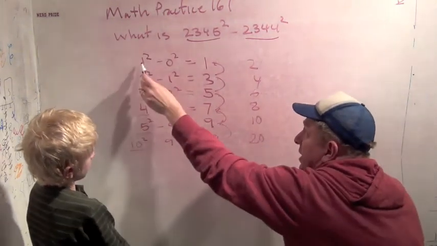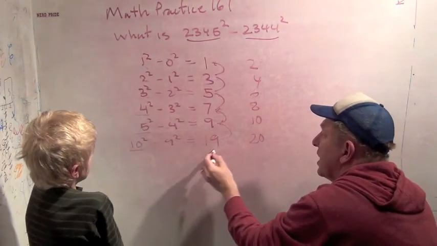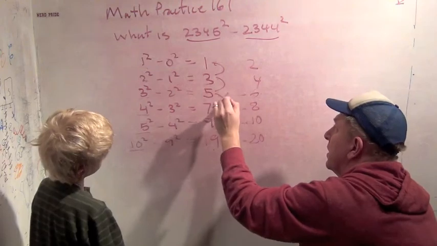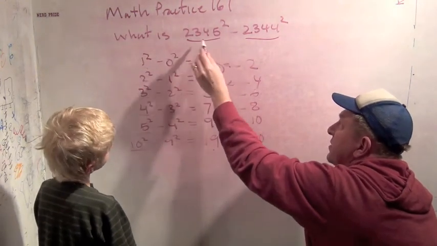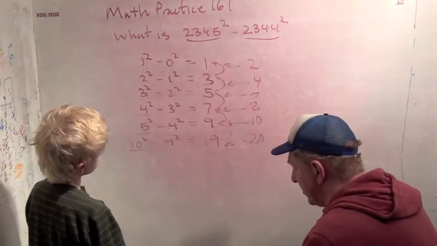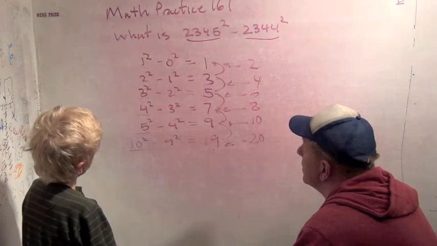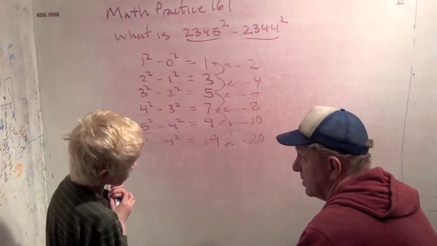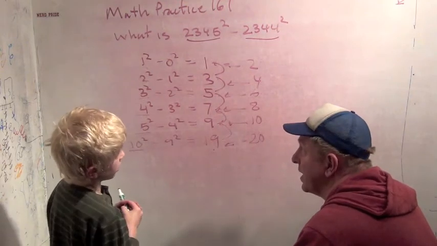So when I multiply this number by 2 and subtract 1, I get that odd number. So how am I going to find the 2,345th odd number? You do 2,345 times 2 minus 1. Yeah, so we're going to have to figure that out.